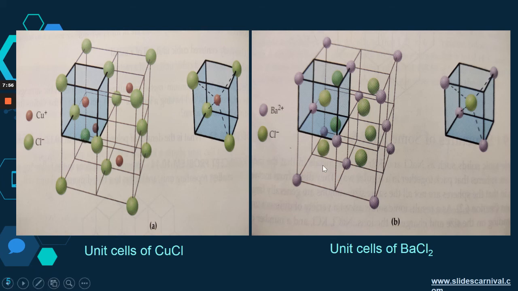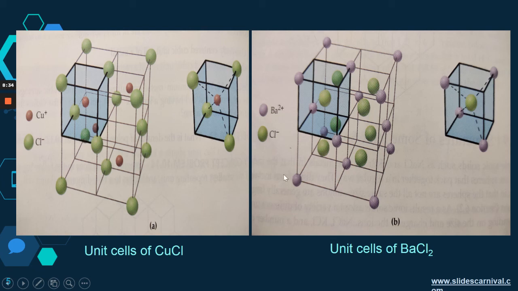It has a face-centered cubic arrangement of the smaller barium 2+ cations with the larger chloride anions surrounded tetrahedrally, as required for charge neutrality, since there are twice as many chloride anions as barium cations.